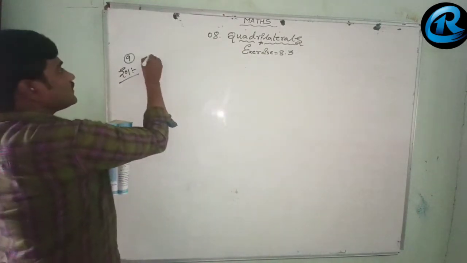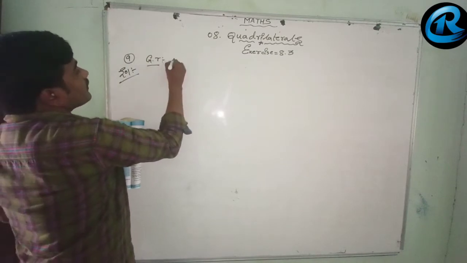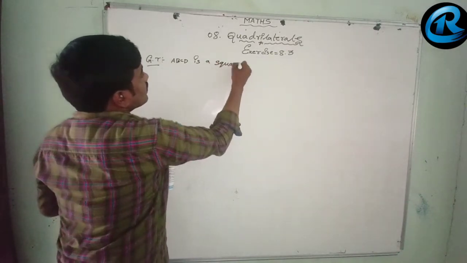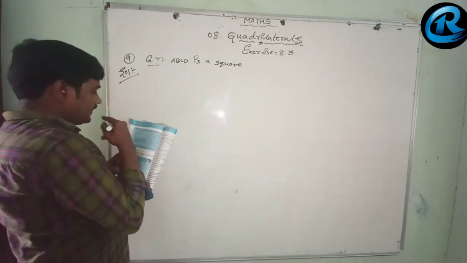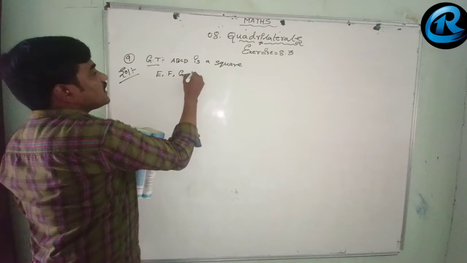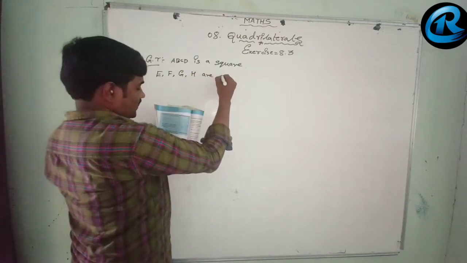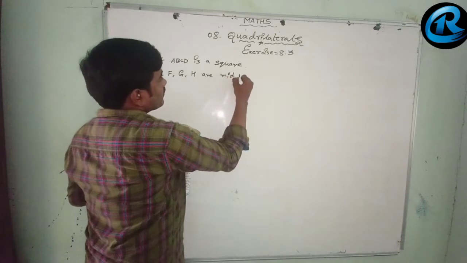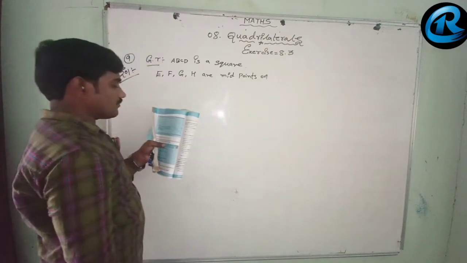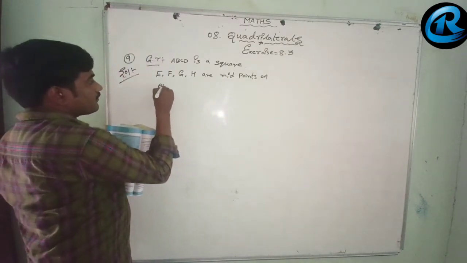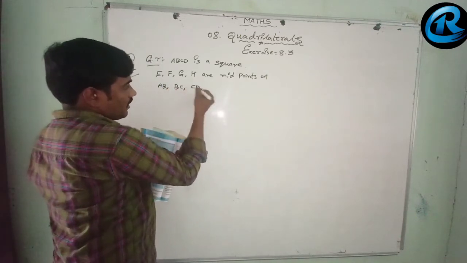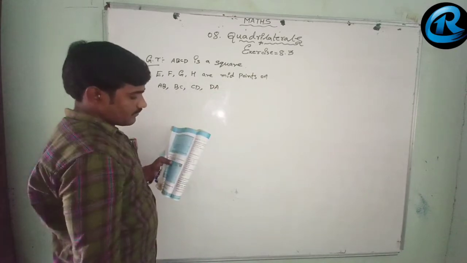So here it is given that ABCD is a square, and E, F, G, H are midpoints on AB, BC, CD, DA respectively.